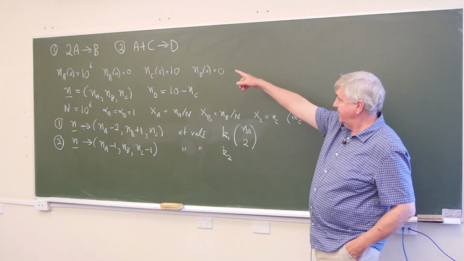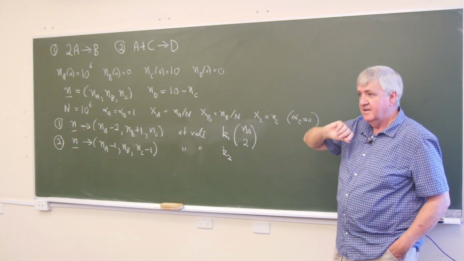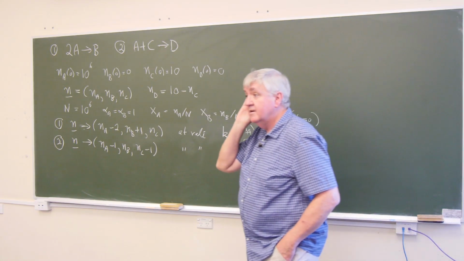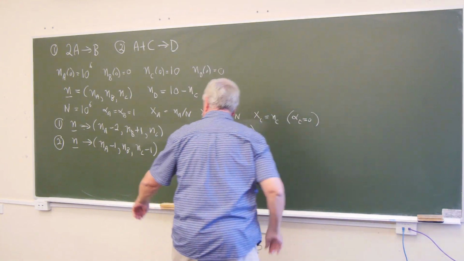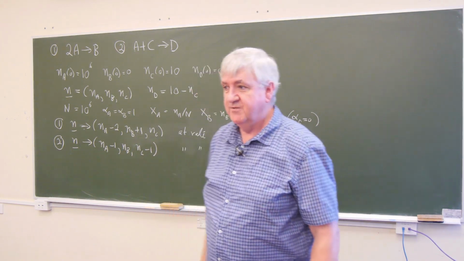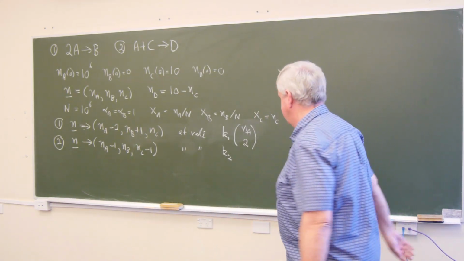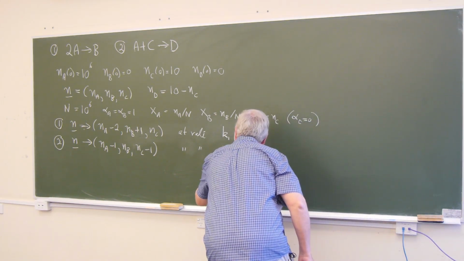So reaction rate A plus C goes to D. Anybody? Na times Nc. Good. The answer is Na times Nc because that's the number of ways of choosing one of A and one of C.